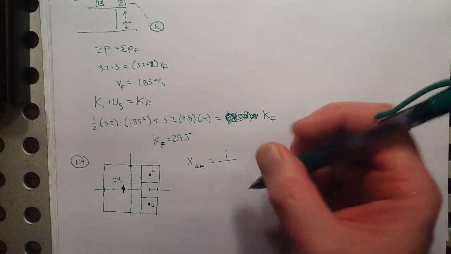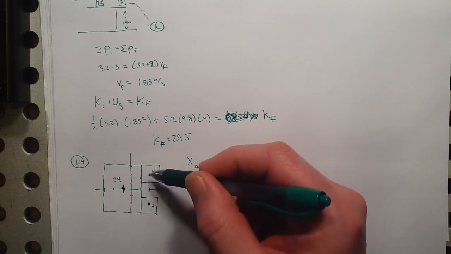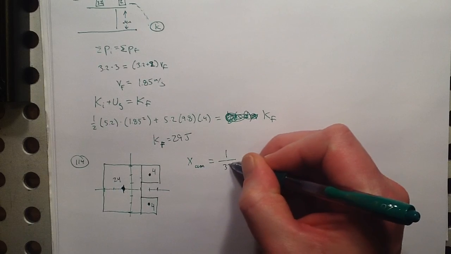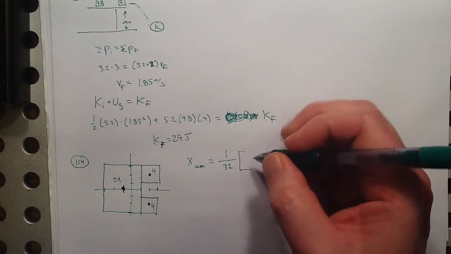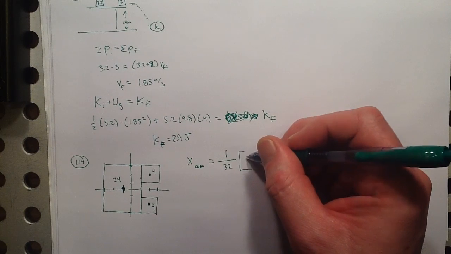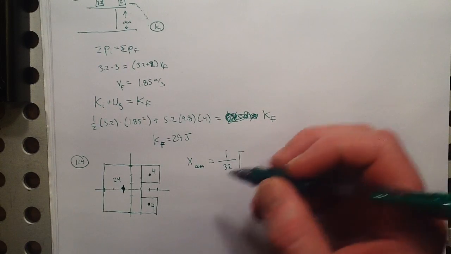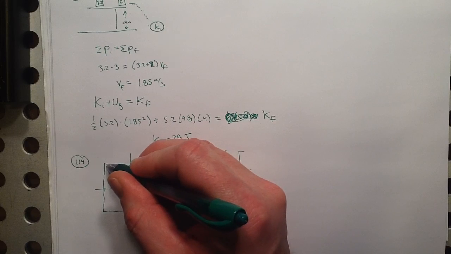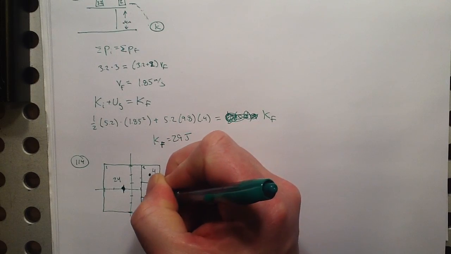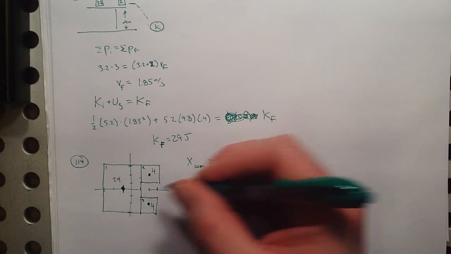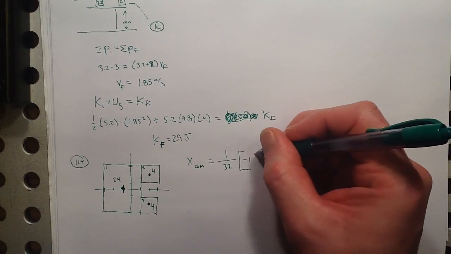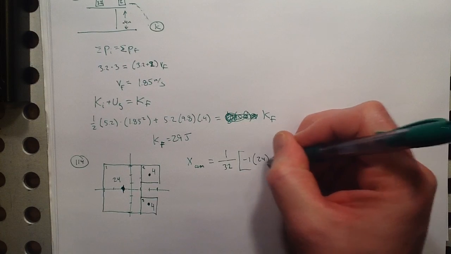So 1 over my total mass, which is 32 units. And then here's my weighted average. Mass, I'll put the positions first. So let's call this one, I'll do 1, 2, 3, like that. So the first particle, the x-coordinate is -1 times the mass.